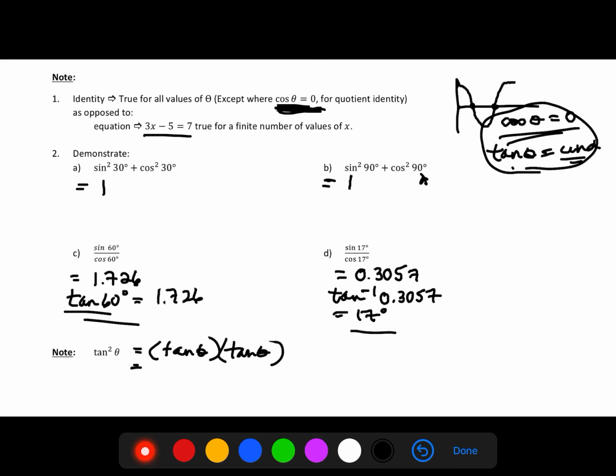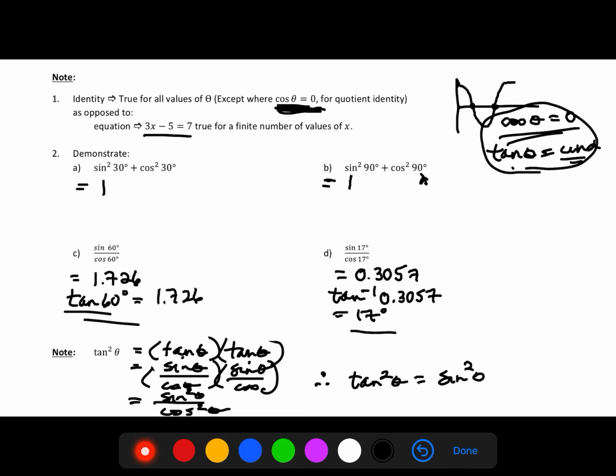Now, also noting, we know that tan theta equals sine theta over cos theta. So if we know tan squared theta is equal to tan theta times tan theta, and we know tan theta is equal to sine theta over cos theta, then multiplying our numerators gives us sine squared theta, and multiplying our denominators gives us cos squared theta.